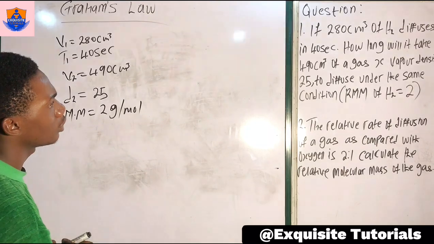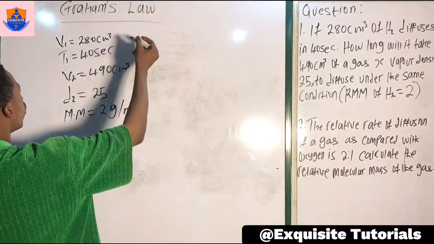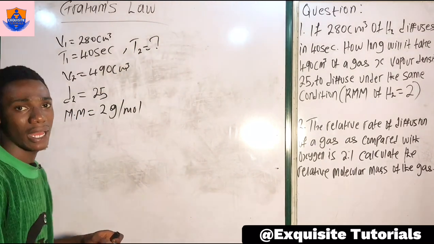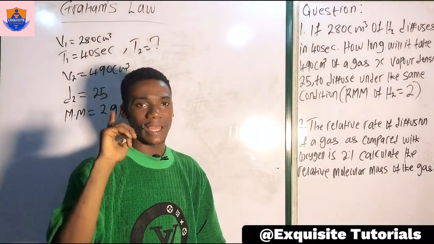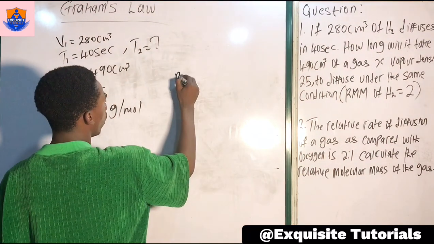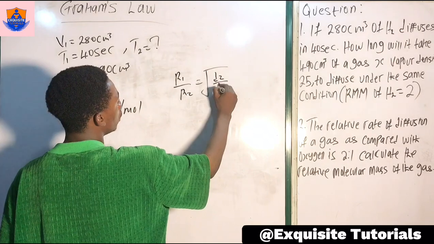So now what are you asked to find? They said how long will it take? So T2 is unknown. We don't know what T2 is, so they are asking us what T2 would be. Now in all the equations I gave, I gave you that R1 over R2 is equal to root D2 over D1.